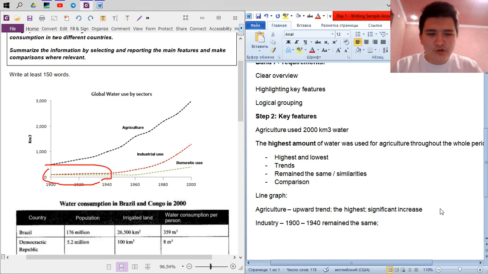It was gradual, and then a gradual increase from probably 1950 to the 2000s, right?